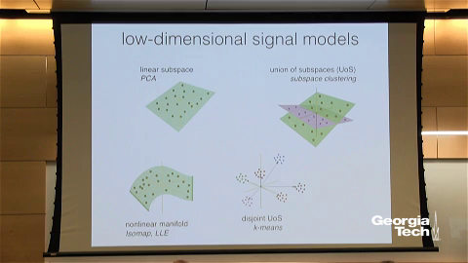So we can move away from linear subspaces to a manifold model. Instead of assuming all the data lives on a linear plane, the data might live on some smooth, nonlinear trajectory or space. In this case, we can use techniques like isomap, which is a manifold learning technique, to find these nonlinear structures within the data.